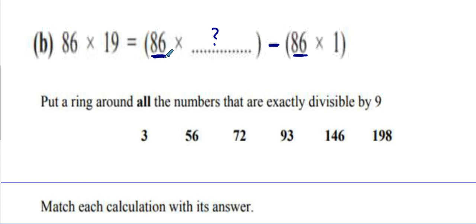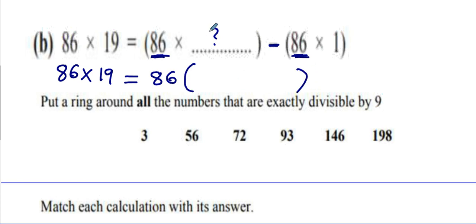You have 86 here, you have 86 here. So what we're going to do, copy the left-hand side. The left-hand side is 86 times 19. That equals, you see these two numbers? These two numbers are the same. So take out 86, and inside the brackets will be a missing number over here, minus 1.